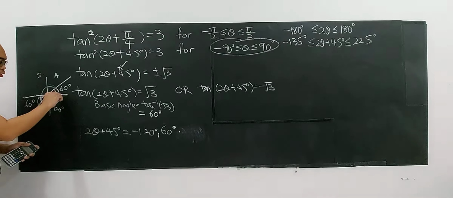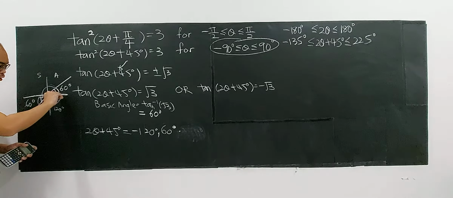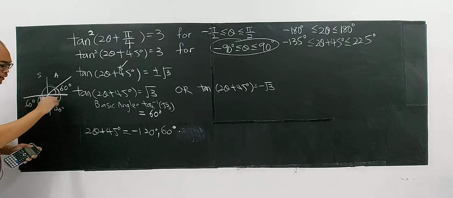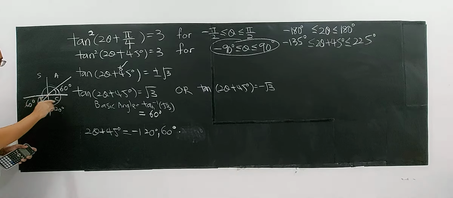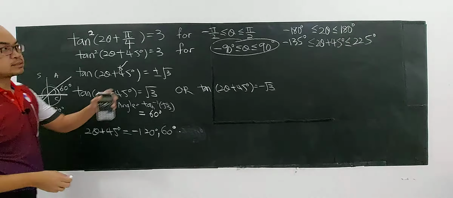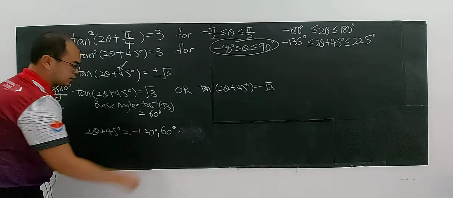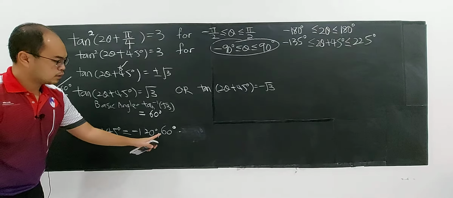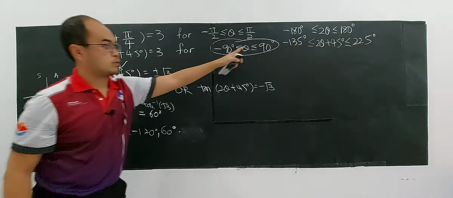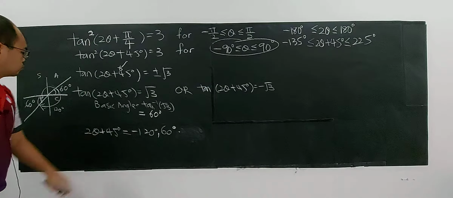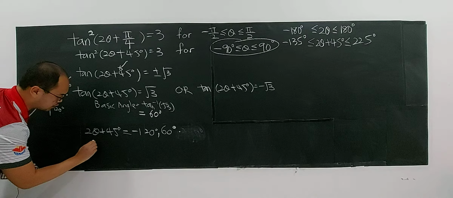Following this direction, it is clockwise, and clockwise is a negative angle, which is negative 120. So we can accept negative 120 degrees. There are only two possible solutions for this range. Now from here, we can solve for theta.